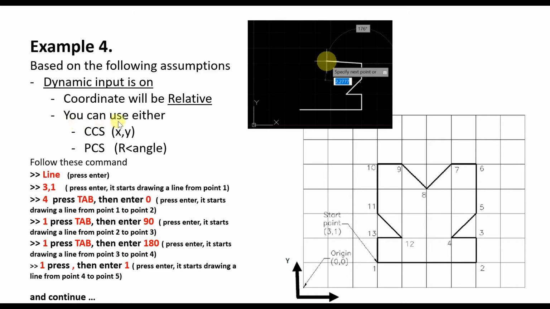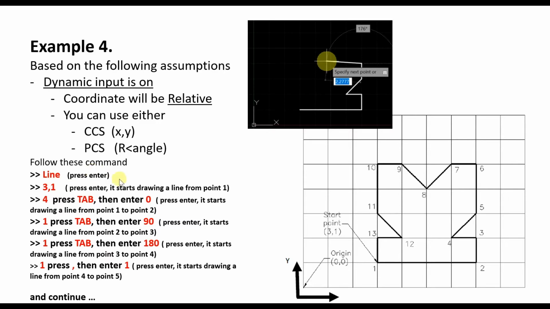But you can use either Cartesian or polar. After you enter the first space, if you press comma, it'll be in Cartesian. If you just press the tab key, it'll accept the angle. We're going to see the difference.